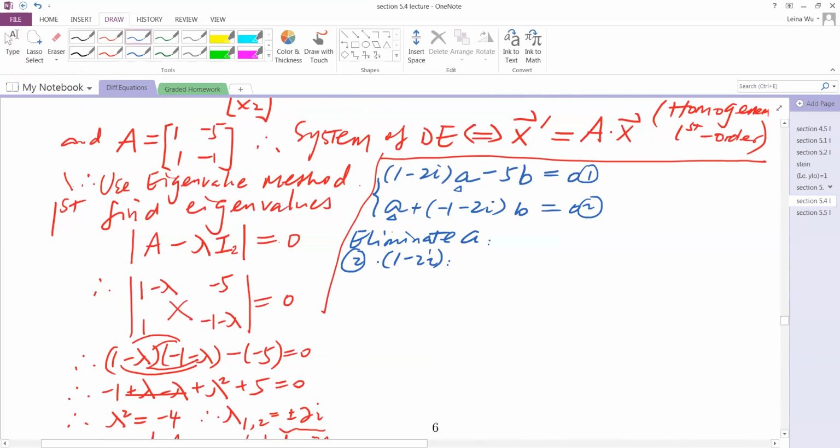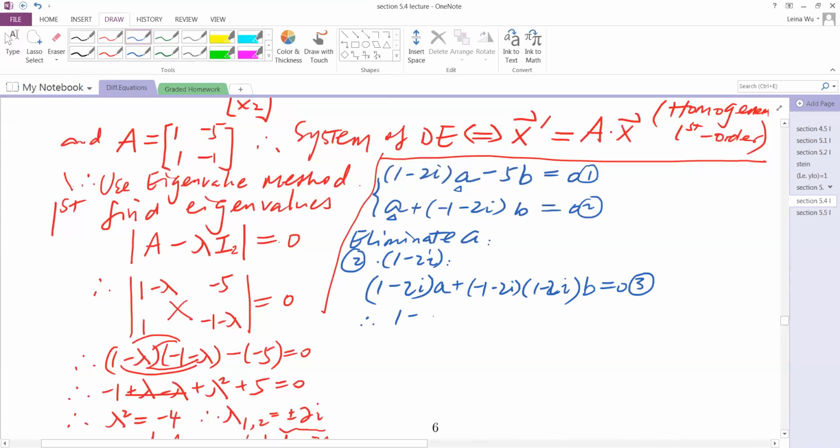Okay, let's see what we get. Equation 2 multiplied by 1 minus 2i: we have 1 minus 2i times a, plus negative 1 minus 2i times 1 minus 2i times b, equals 0. This is equation 3.